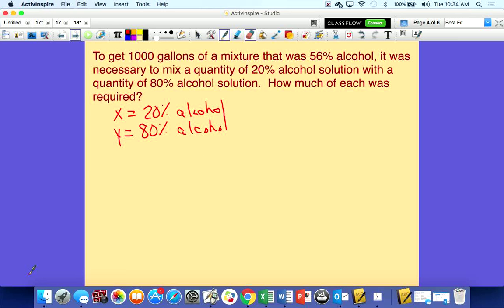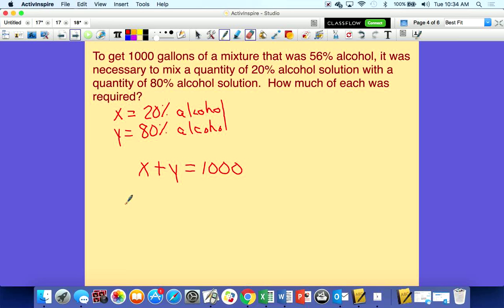Because we've got two variables, we're gonna have two equations here. One of them is, we've got 1,000 gallons overall. So x plus y equals 1,000. The other one, we've got to use those percentages. We know that one of them is 20% alcohol.